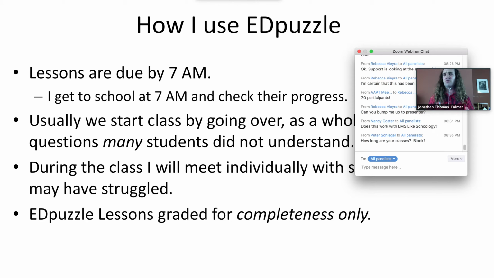And if you're grading it, and if they lose points by getting it wrong, I think that sets up a bad precedent. So I always have it graded for completeness only. And again, this means that students are more free to answer the questions the way they want to. And every once in a while, I run into a student who, for whatever reason, gets a whole bunch wrong in a row, and then I sit down and have a conversation with them about why that is.